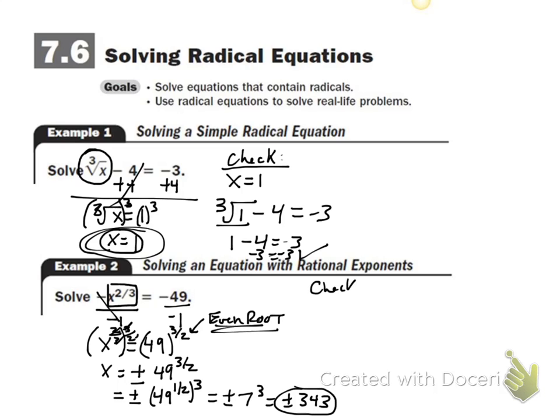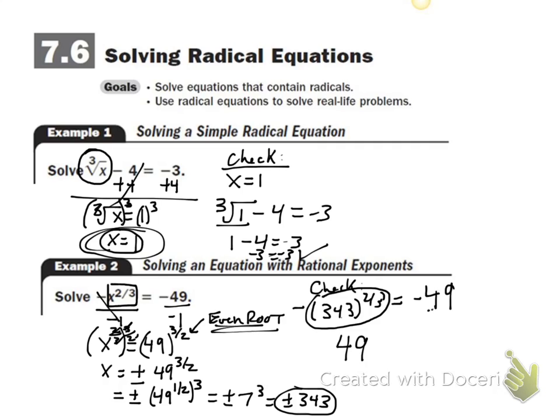So it appears that this is our answer. Let's check. If we were to check, let's do positive 343 raised to the 2/3, and that should be equal to negative 49. Now, if you put this into your calculator, you get 49.